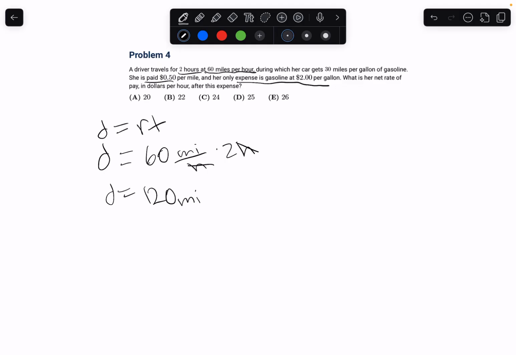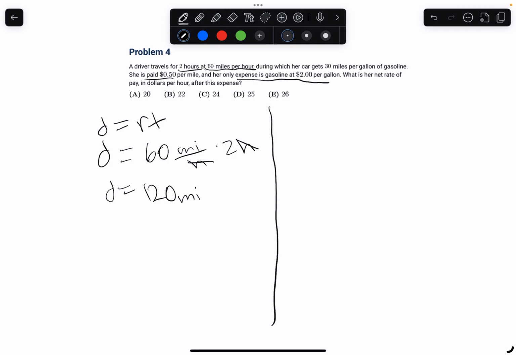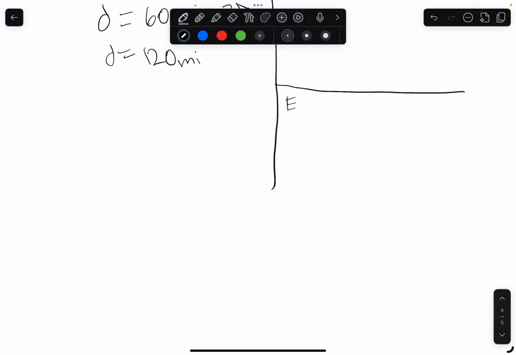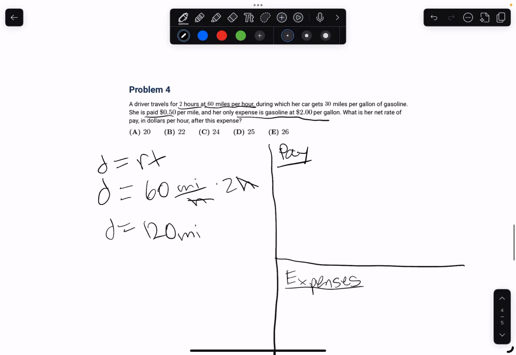Now we can make 2 rows, and here I'll calculate her pay, and here I'll calculate her expenses. Okay, so we can start with the pay.